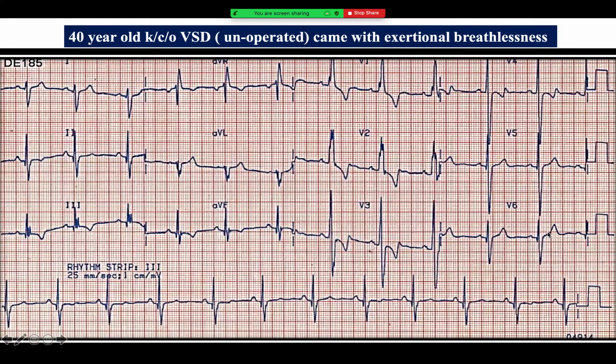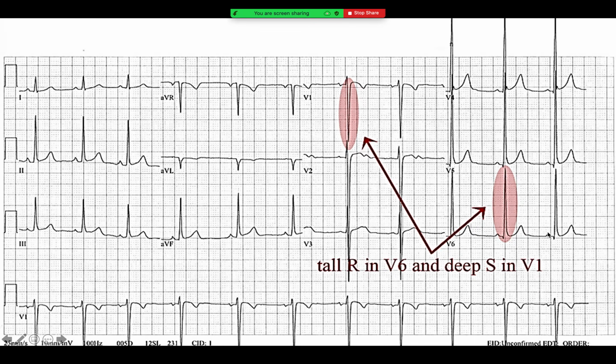Let's make it a little bit simple twist. This is an ECG. We have already given you a big hint. You can look at something in the V1, the V6: deep S wave in V1, and tall R wave in V6.